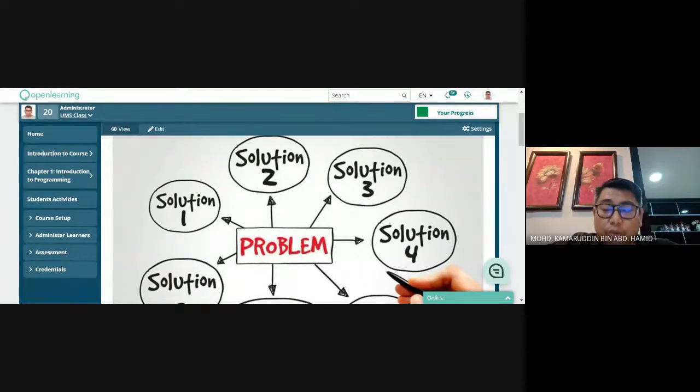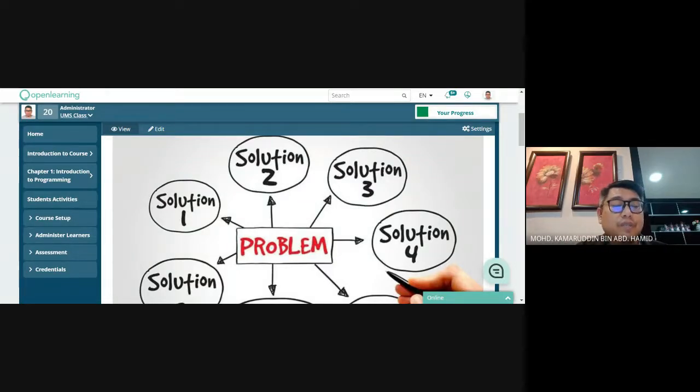It basically comes across when you do some discussion with your friends. Okay, so lepas you analyze the problem, then you may think about the alternative solutions for this. So let's say you have several alternative solutions. So how do you want to choose the right one, the best solution?